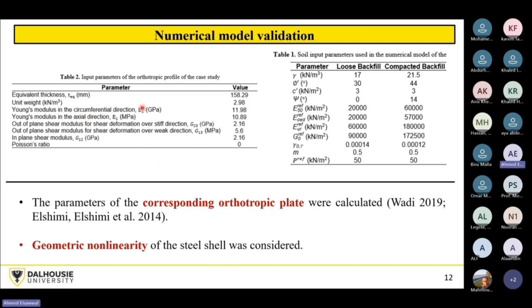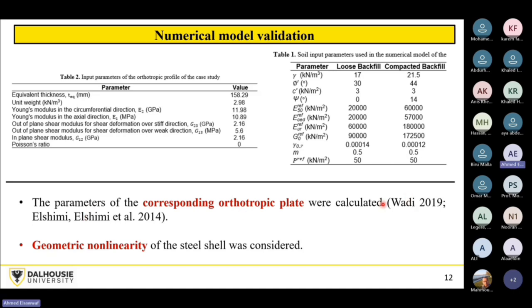If you want more details about this, you can see the equations that we have used to get these parameters. It's based on the work done by a professor in Australia, and it has been used and verified by lots of researchers, among them Wadi and Elshimi.